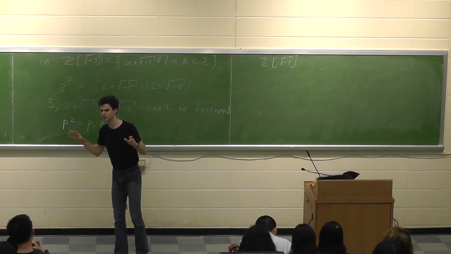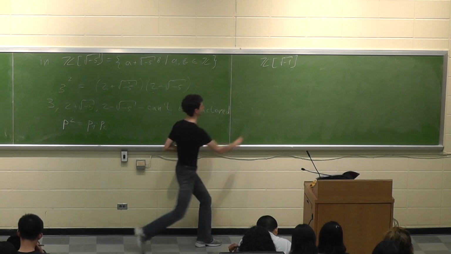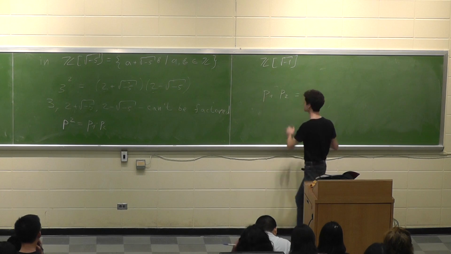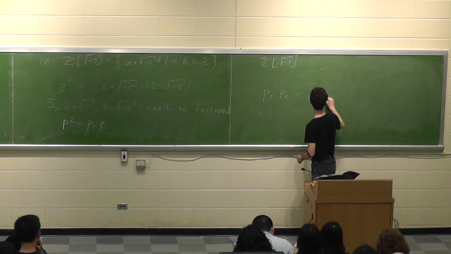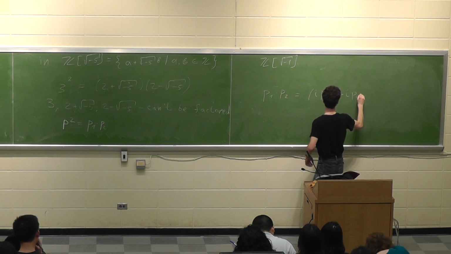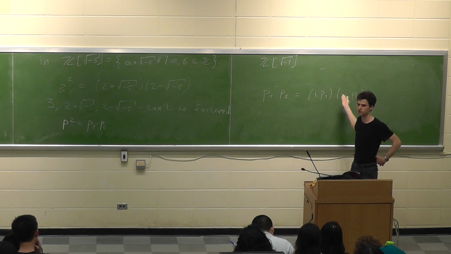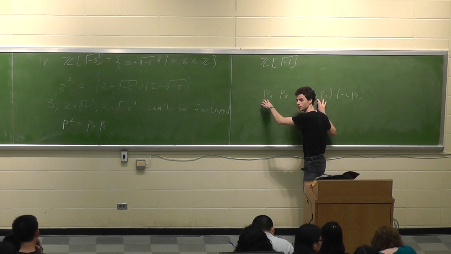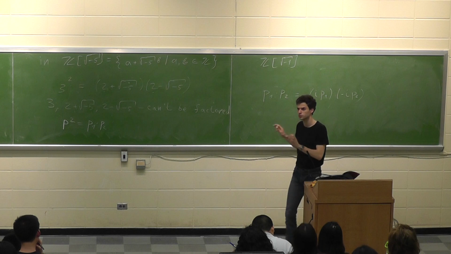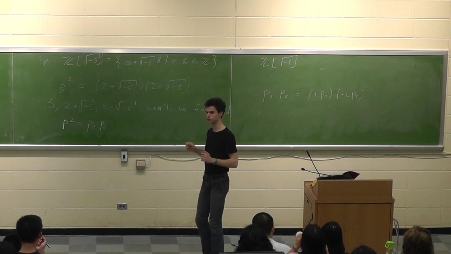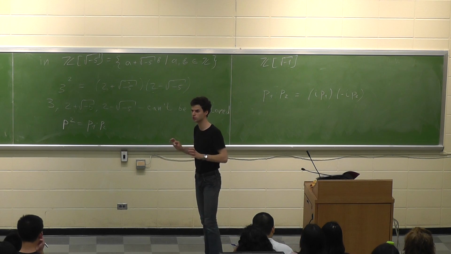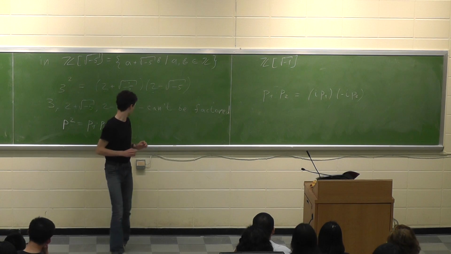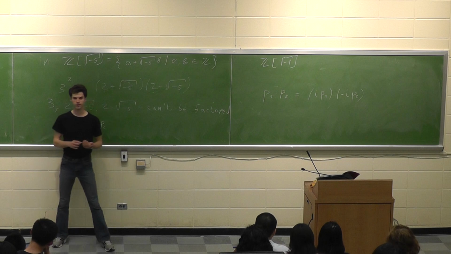For example, if you have t1 times t2, you can write this as i times t1 times minus i times t2. These are different primes, but they differ by multiplication by a unit. So there is a small ambiguity, but essentially there is only one way to factor. Other questions?